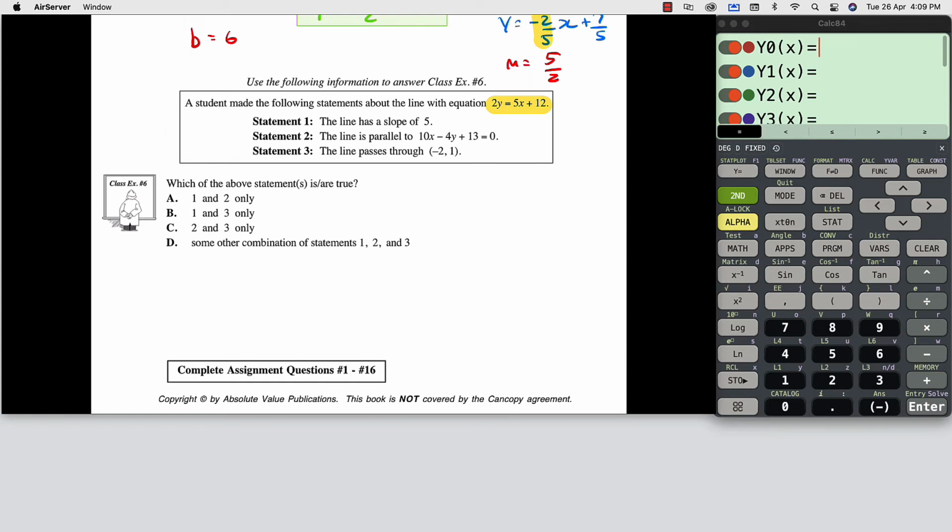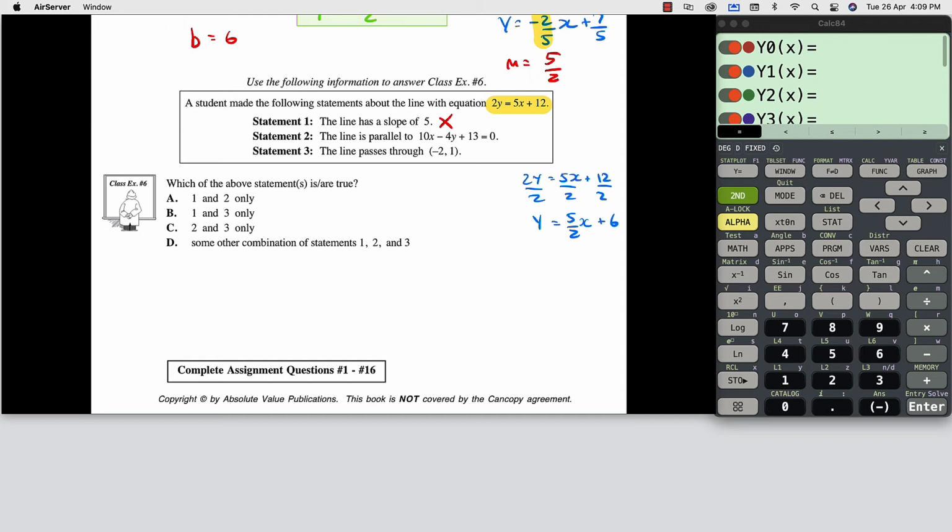Well, remember what I need to do is take this original one right here, it's going to be 2y equals 5x plus 12, divide everything by 2 so that the y equals 1, and so my slope is 5 over 2x plus 6. So it is not 5. That statement number 1 is false.